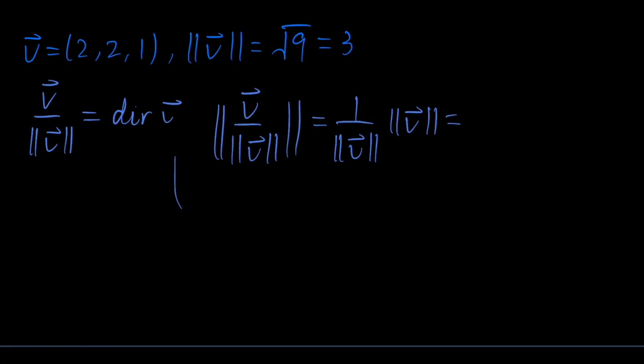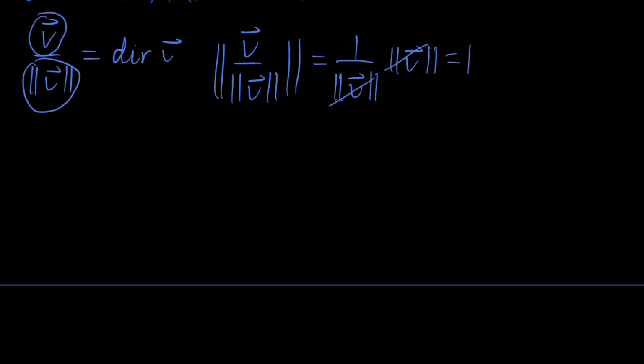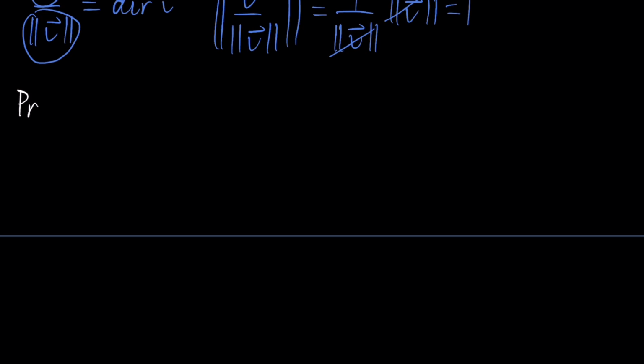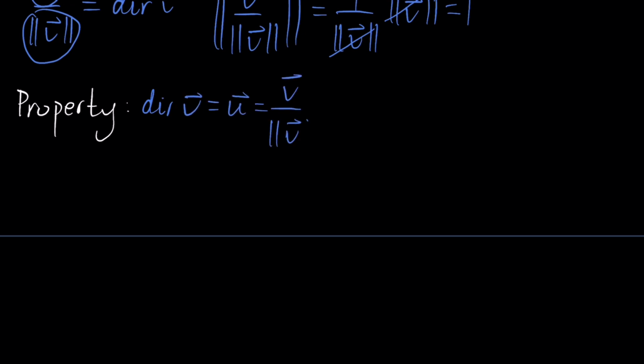And therefore, this is equal to 1 because the denominator cancels out the numerator. And so this is why the direction of v, the vector divided by its length, is equal to a unit vector. Fantastic. So this is also an important property you might want to know, is that the directional vector of v is equal to a unit vector, which is v over the length of v.